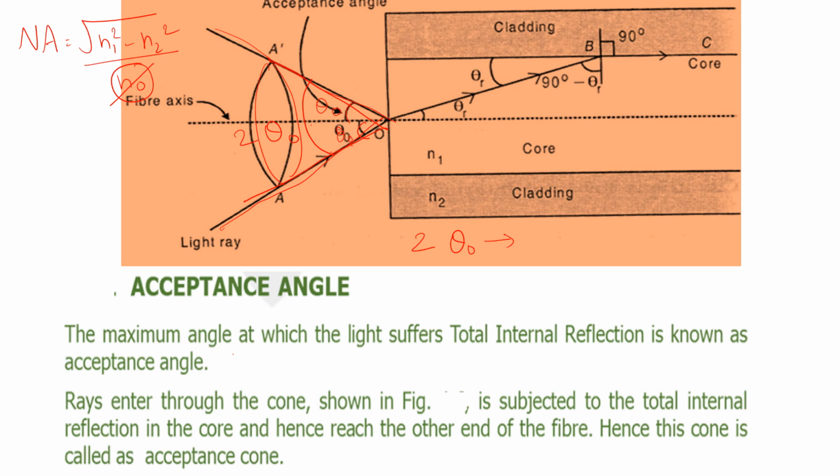If the optical fiber is installed in or taken in any other medium, then that should be replacing this n naught. Then what is theta naught? Sine of the acceptance angle is the numerical aperture. Then theta naught is equal to sine inverse of NA. Then the acceptance cone is twice the acceptance angle.